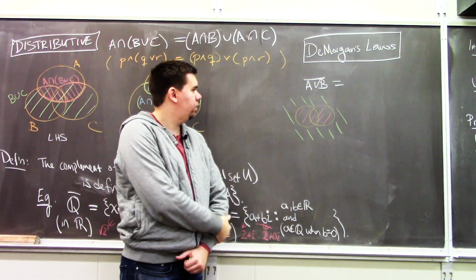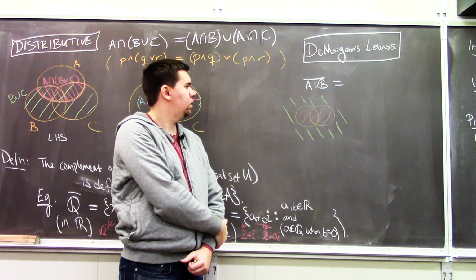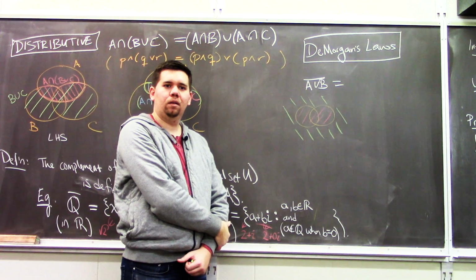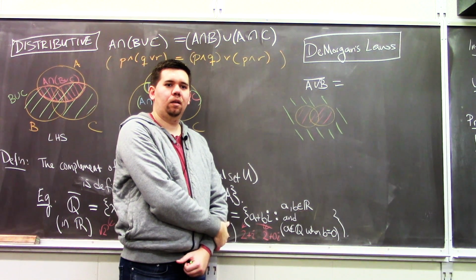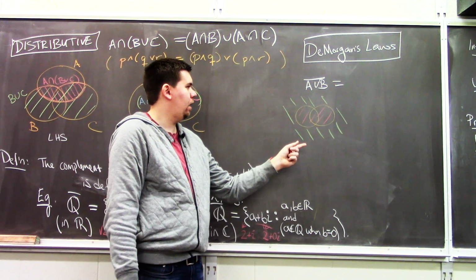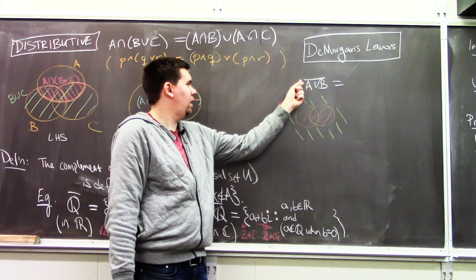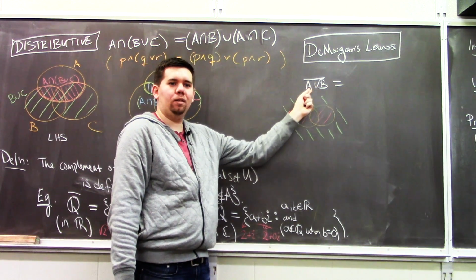So what's another way to write that? Something that's in the universal set that's not A, not B. Yeah, so it's not going to be in A. Well, that's what this is saying. It's not in A or B. Is there another way to say it?